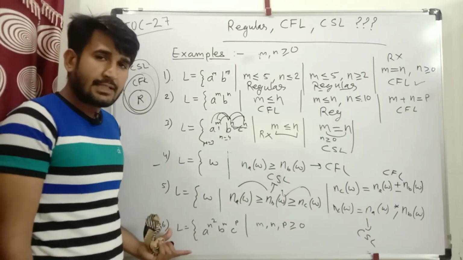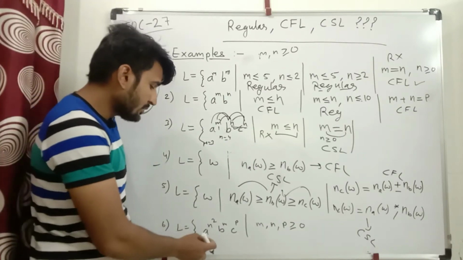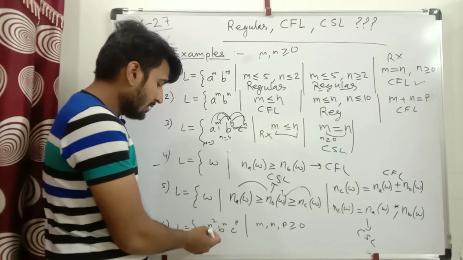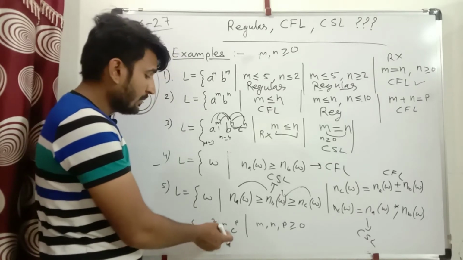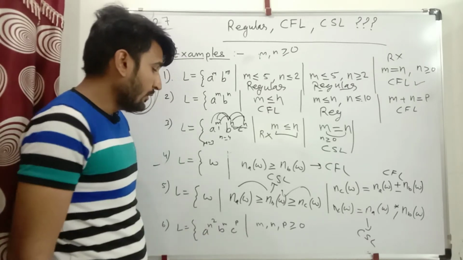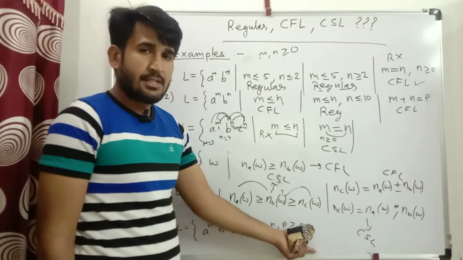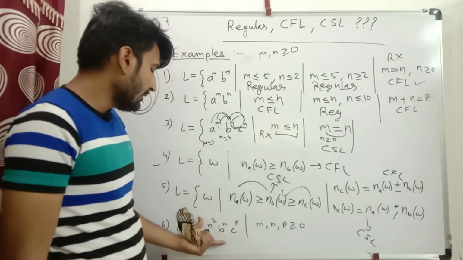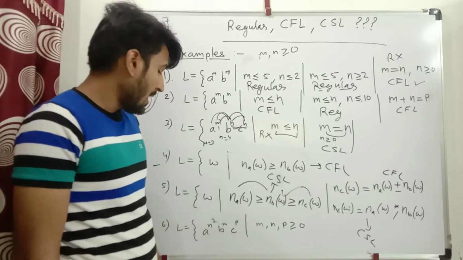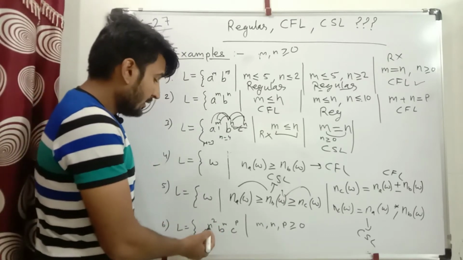Now take the next example. L equals a power n square, b power m, c power p, where m and p are greater than or equal to 0. Tell me which type the given language is.